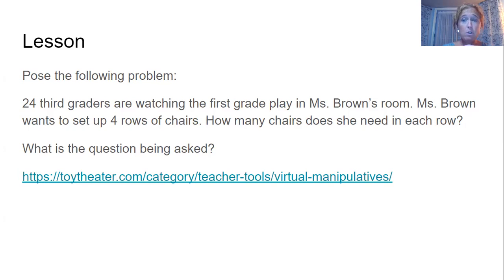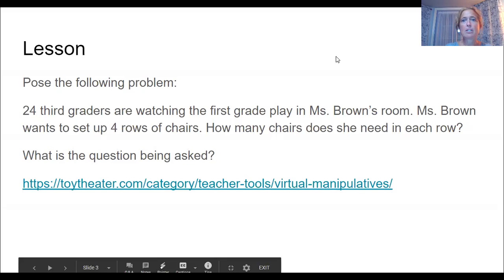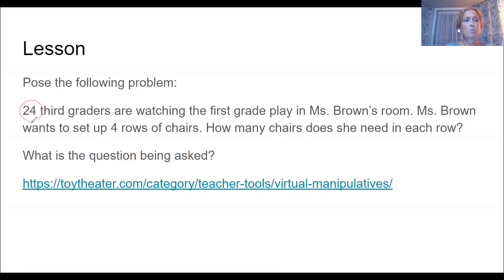So there's 24 total people. She wants to set up 4 rows of chairs. Okay, so the information that we have is that we have a total of 24 third graders, and the chairs for the third graders are put in 4 rows of chairs.